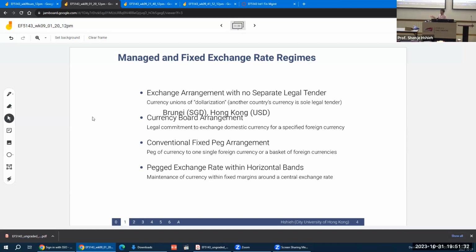At one extreme is when you completely give up having an independent separate currency, and that is called no separate legal tender. There's a popular word: it's called dollarization.